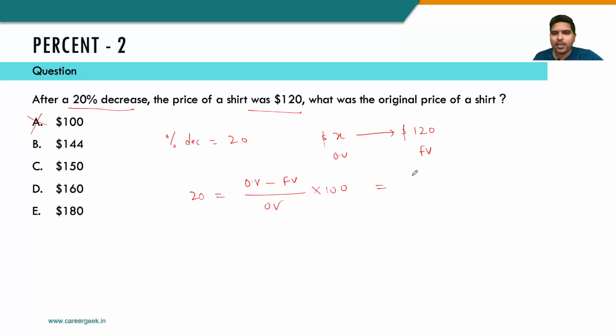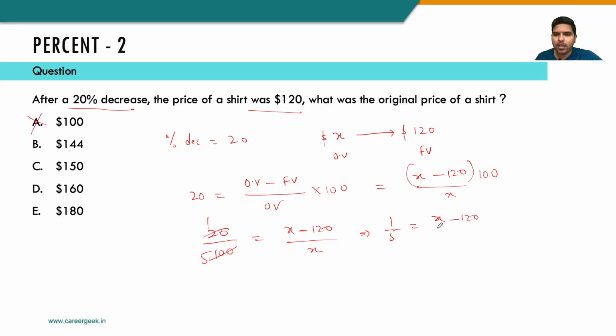So we can solve this: X minus 120 upon X into 100. Now I can bring 100 to this side. This becomes 20 upon 100. What remains is 1 and 5. So 1 upon 5 is X minus 120 upon X.